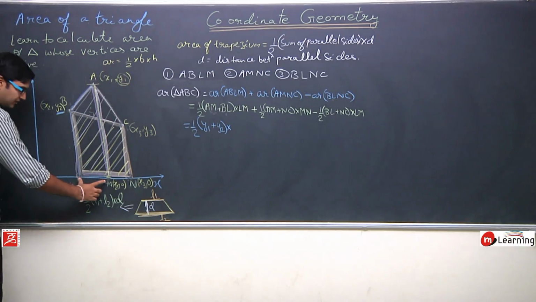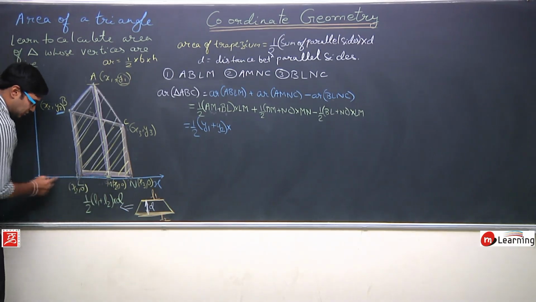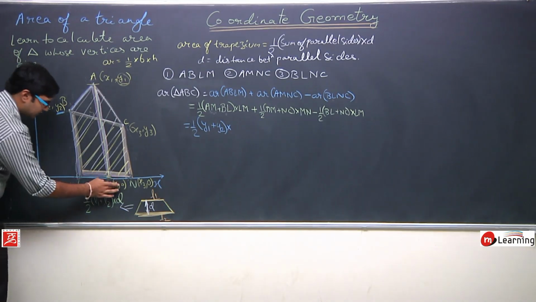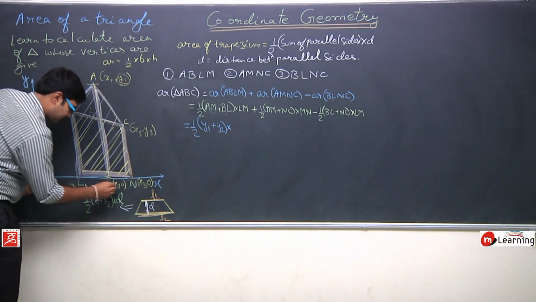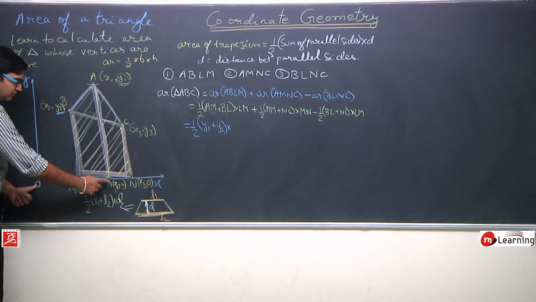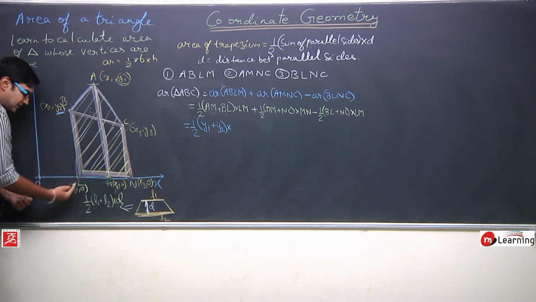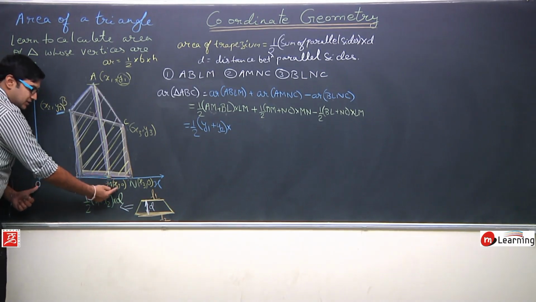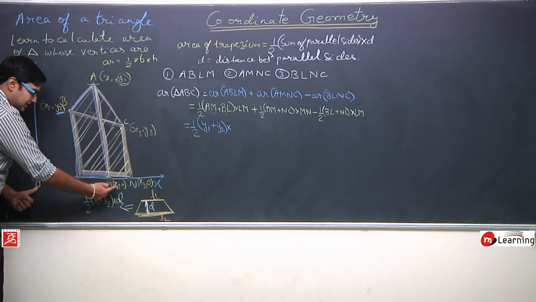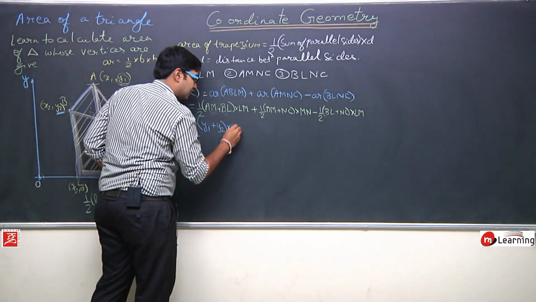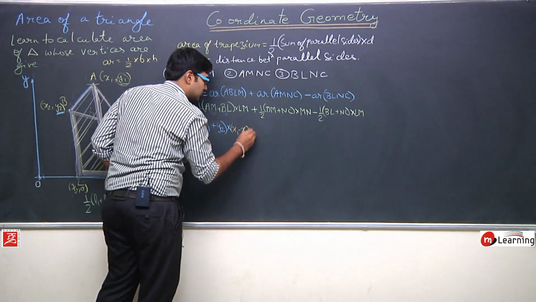Now the length of LM will be equal to x2 minus x1. This was x2, okay, sorry, this was x1. Now the length of LM will be OM minus OL. So OM is x1 and OL is x2, so x1 minus x2. So in place of LM I can write x1 minus x2.